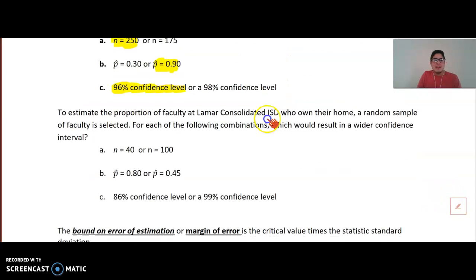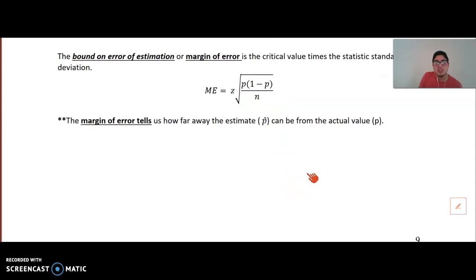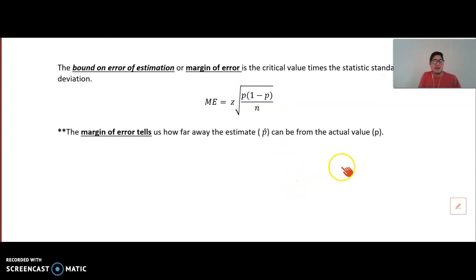Here we go. Let us take a look at the bound on error of estimation, or margin of error, which is the critical value times the statistic's standard deviation. This is usually our standard error. The standard error times z gives us our margin of error, which tells us how far away we estimate p hat to be from the actual value of p.